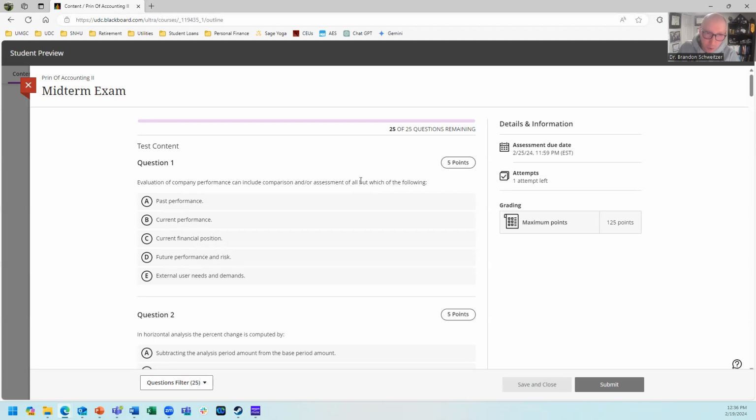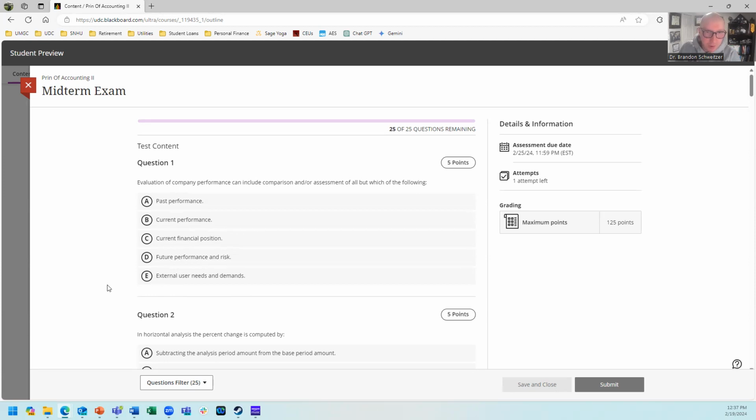The way that they're worded can be somewhat tricky. The options are: past performance, current financial position, future performance and risk, and external user needs and demands.